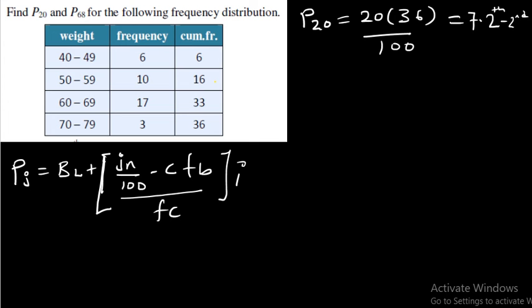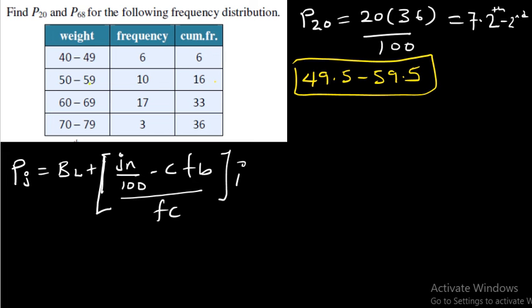Now let us extract the second class and bring it here. The second class is from 50 to 59, but don't forget the boundary. It will be 49.5 until 59.5. It's not always 0.5, it's not a must, but this time the gap between the upper and the lower limits is 1. That's why 0.5 is added to every upper class limit, and 0.5 is subtracted from each lower class limit.